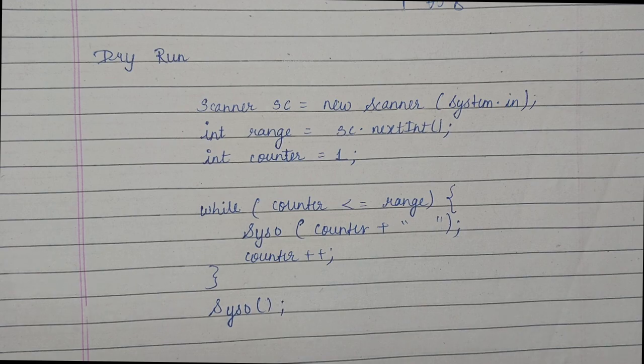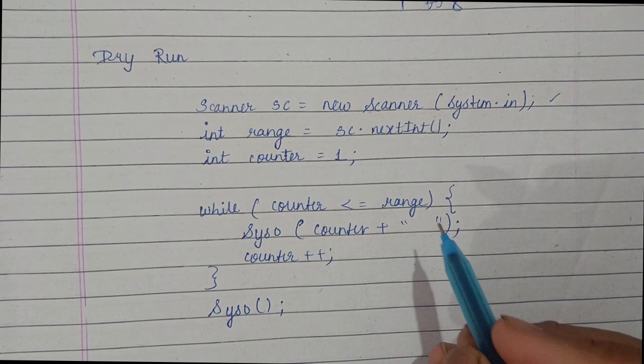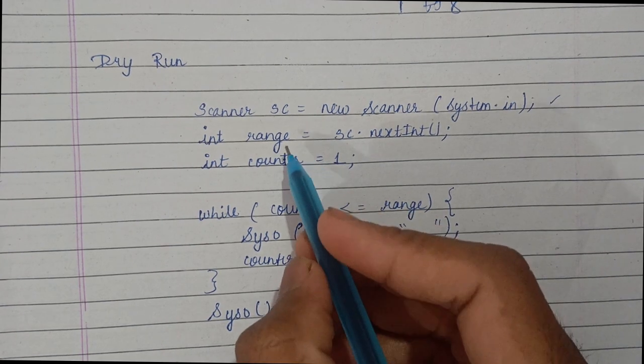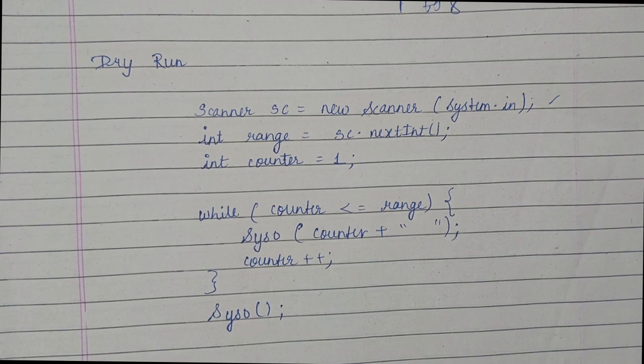So let's take the input from the user. We have imported the Scanner class. In that I have created two variables. The first variable is range, and in that range we have taken an input as an integer.